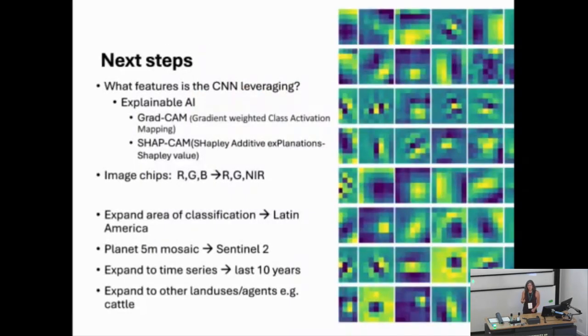But the next step really is to uncover what's happening. Being from the remote sensing community for years and dealing with CNNs on the side, I really wanted to see what is making the CNN choose right or wrong. Image chips are not a very efficient way of doing that. So what we're going to do next, which we don't have ready to show you today, is look at explainable AI.